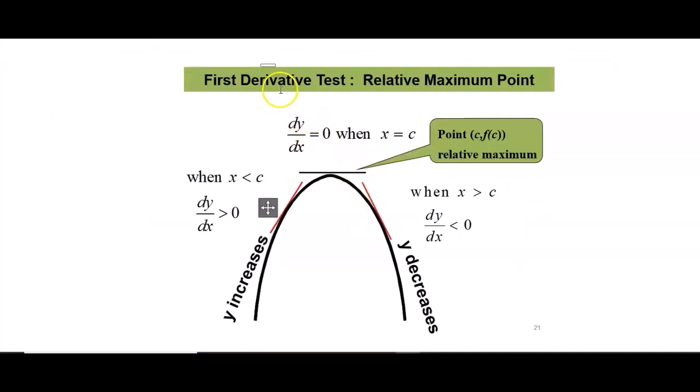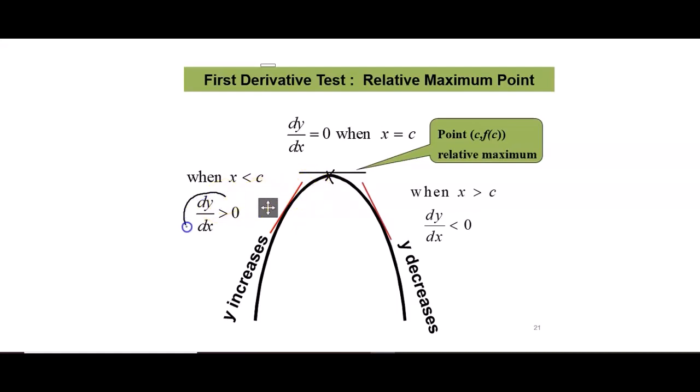For the first derivative test, let's say that point is a relative maximum point. After we have determined the stationary point, for example, this is the stationary point that we have. We already know the coordinates of the point, and we just need to substitute a point at the left side into the dy dx.